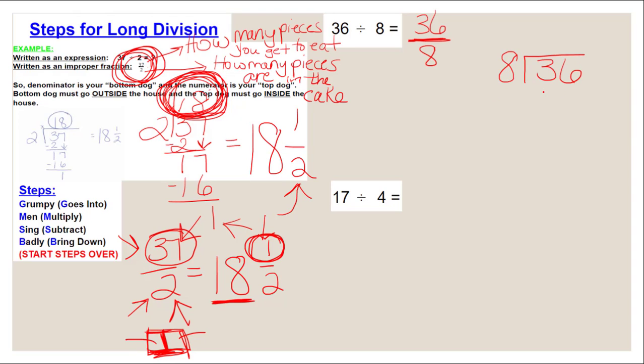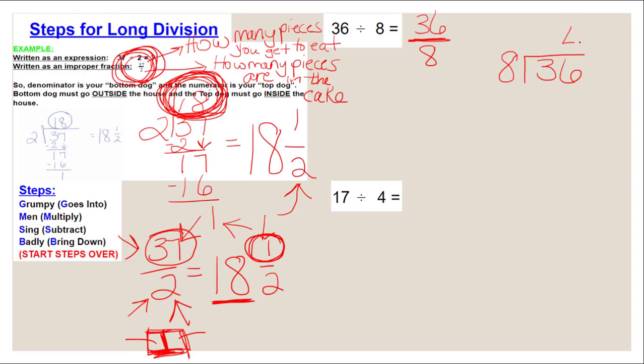Now we're going to do our steps. Grumpy men sing badly. So G, goes into. How many times can our 8 go into the 3? Well, it can't because 3 is smaller than the 8. So how many times can the 8 go into 36? Well, that would be 4 times.